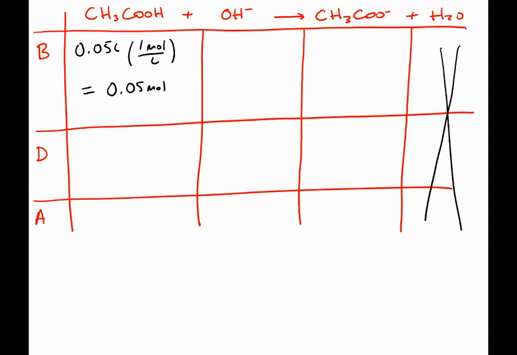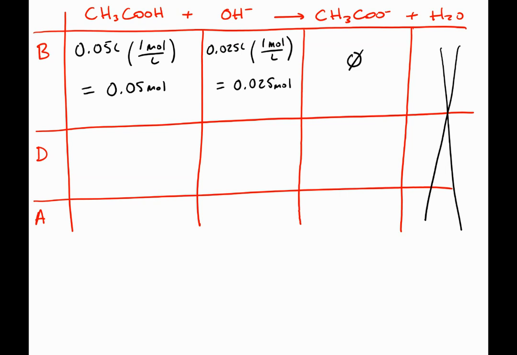For the sodium hydroxide, we've added 25 milliliters of 1 molar sodium hydroxide, so the volume is 25 milliliters, or 0.025 liters, and it's 1 molar sodium hydroxide, so 1 mole of hydroxide ion per liter, 0.025 moles of hydroxide, and initially we don't have any acetate ion.